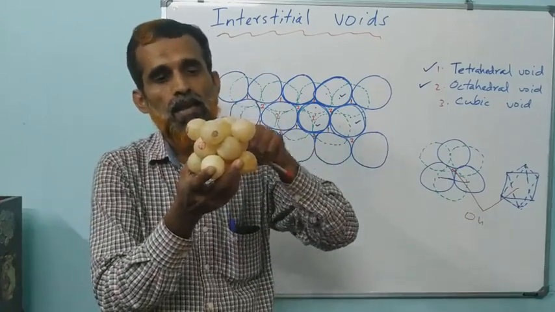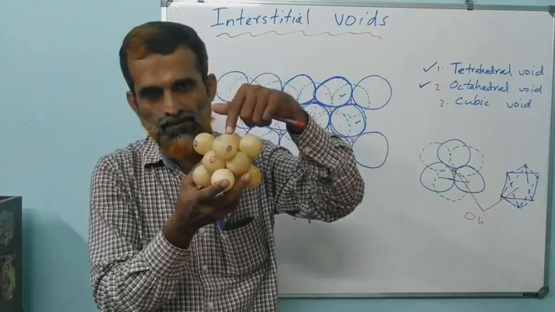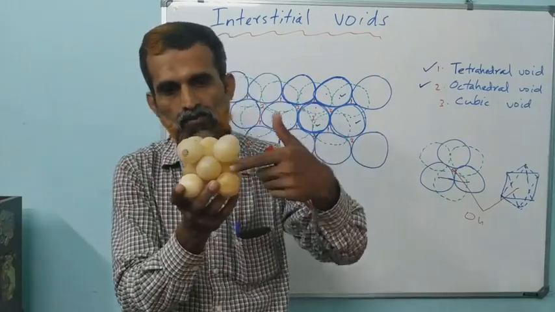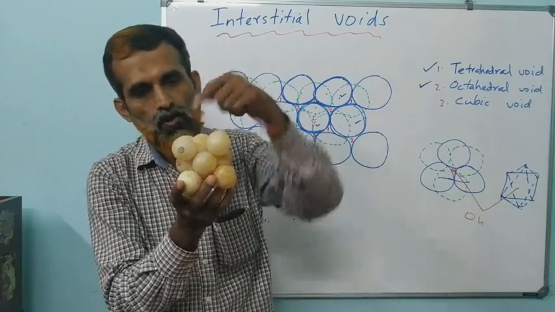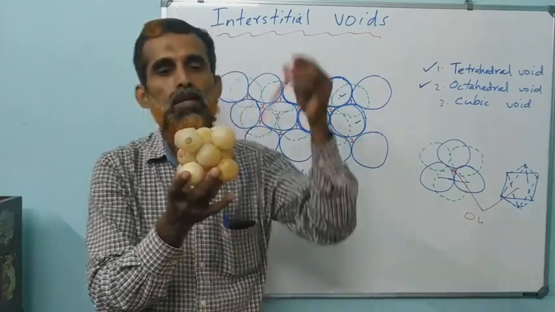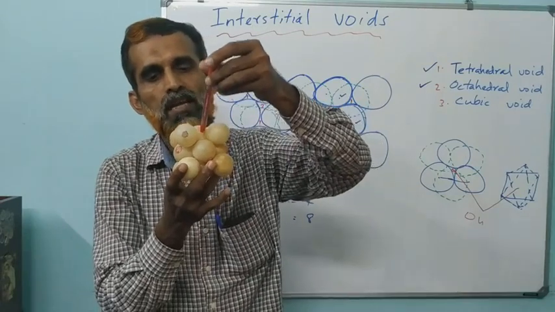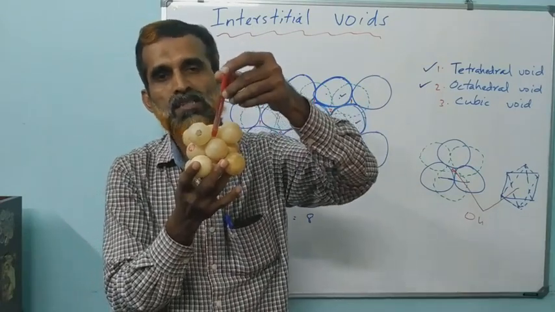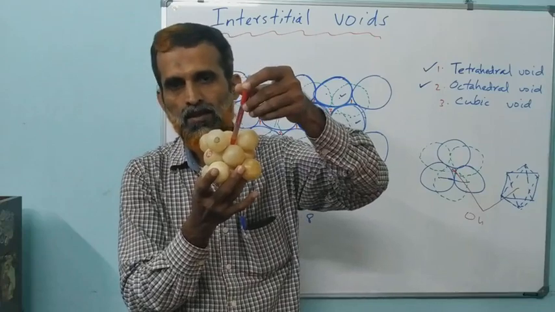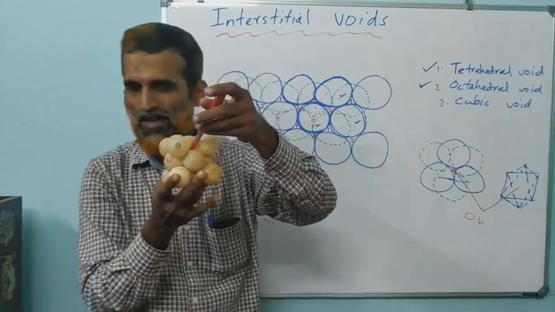How do they look? They make an octahedron, isn't it? These 4 particles make a square, 1 above, 1 below, so it's an octahedron. So this empty space going inside into the center of this cube is an octahedral void. So that is 1 octahedral void.